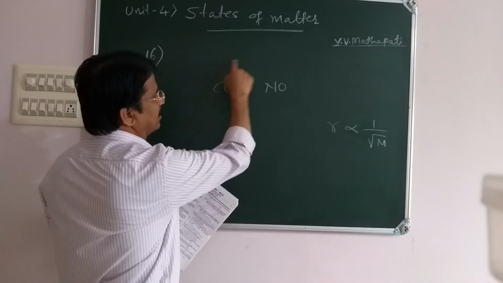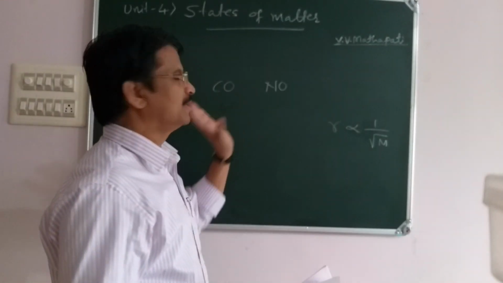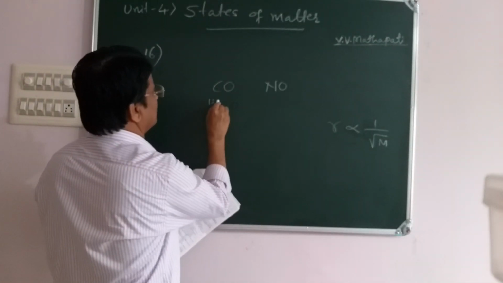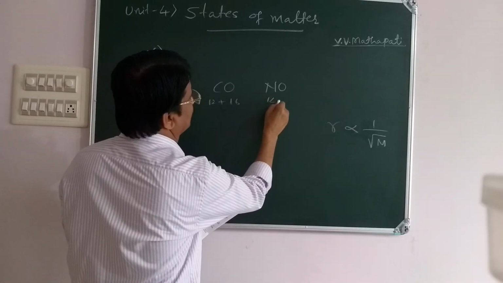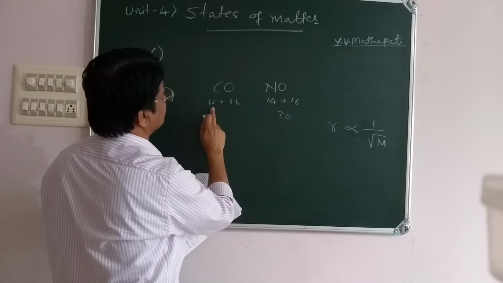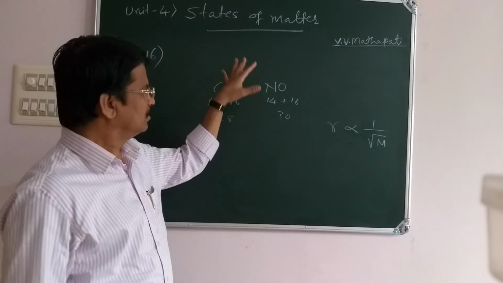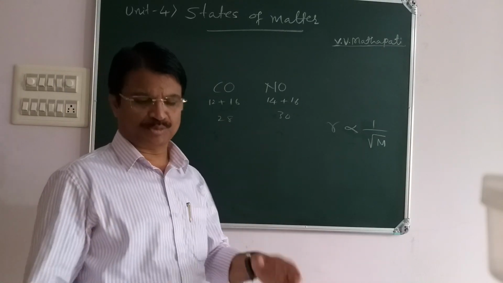Anyway, if molecular masses are the same, they have the same rate. Carbon 12 plus 16, 14 plus 16, this is 30, 28. So unequal mass. Like this, you check the molecular masses of the compounds.